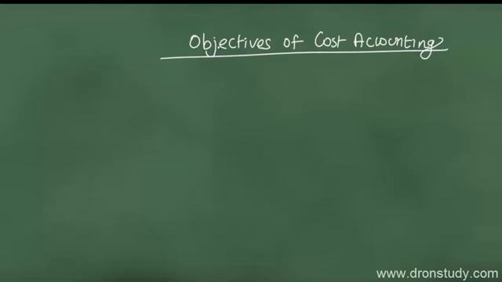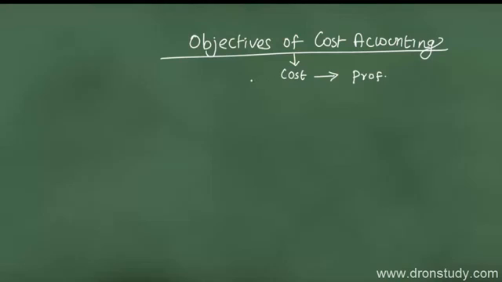Let us understand the objectives of cost accounting. Why should we have cost accounting? See, there is a primary objective for study of cost accounting. It's basically to identify the cost, so that you can contribute to the profitability. Because if you identify the cost, you would know what kind of profit you can load on your selling price.